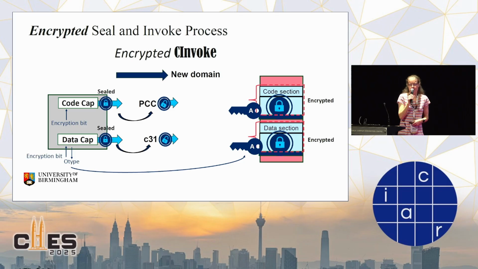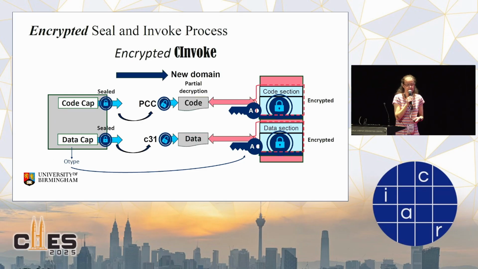Then we perform the domain transition by copying the code capability into the program counter and unsealing, and the data capability into the data register and unsealing. Now when we start running the enclave code, we do a partial decryption of both the instructions and the data as and when required, until we return out of the enclave and return to the untrusted domain.